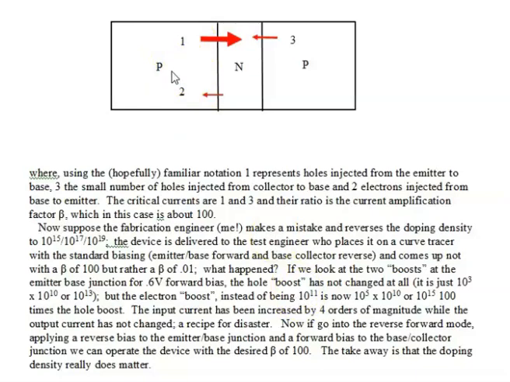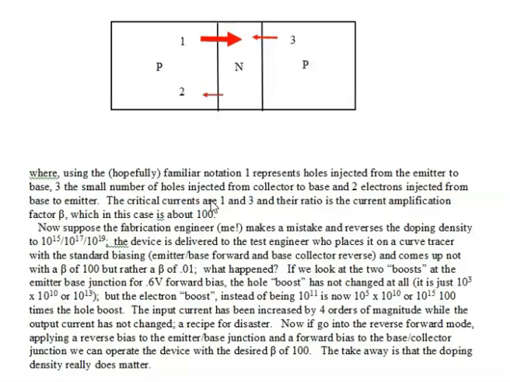It is now, because I have 10 to the 15th doping here, 10 to the 5 times 10 to the 10th, or 10 to the 15th, which is 100 times the hole boost. The hole boost was 10 to the 13th. Now the electron boost is 10 to the 15th. So the beta, instead of being 100, is 0.01.